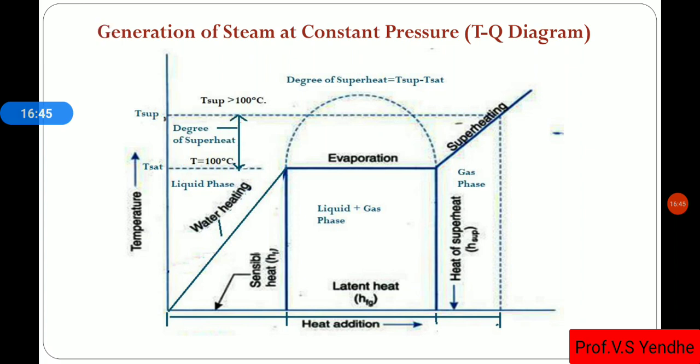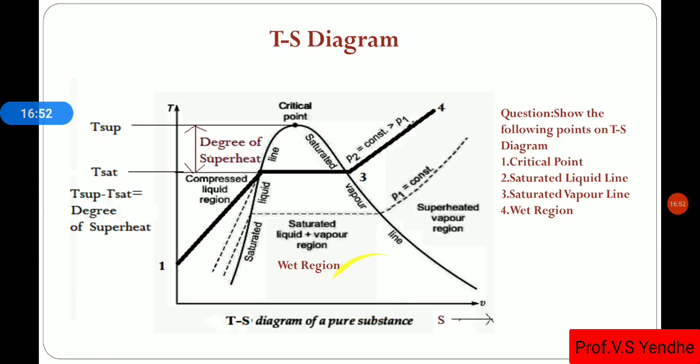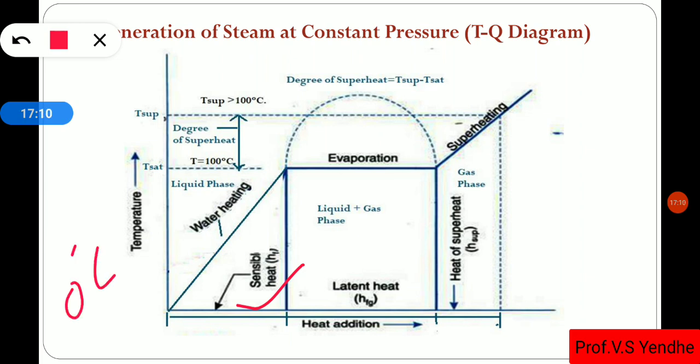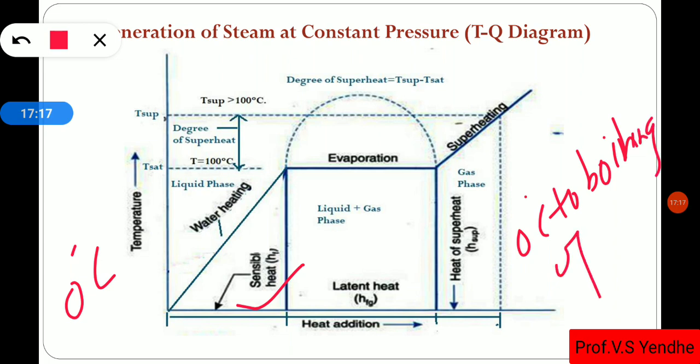Here are some heats: this is the sensible heat, this is latent heat, and this is the heat of superheated steam. What is exactly that? The sensible heat is the amount of heat required to raise the temperature of 1 kg of water from 0 degrees Celsius to boiling.